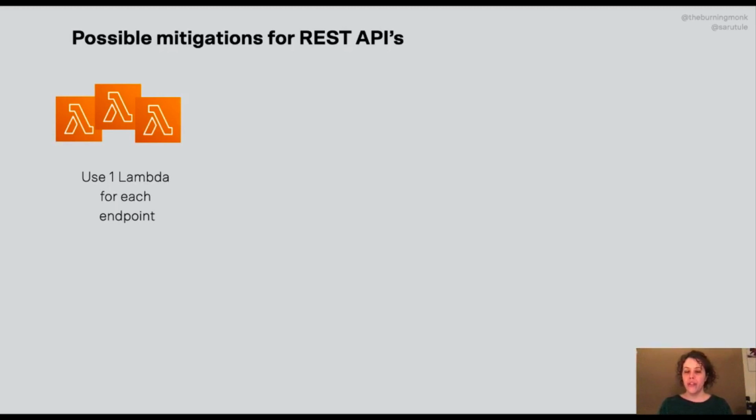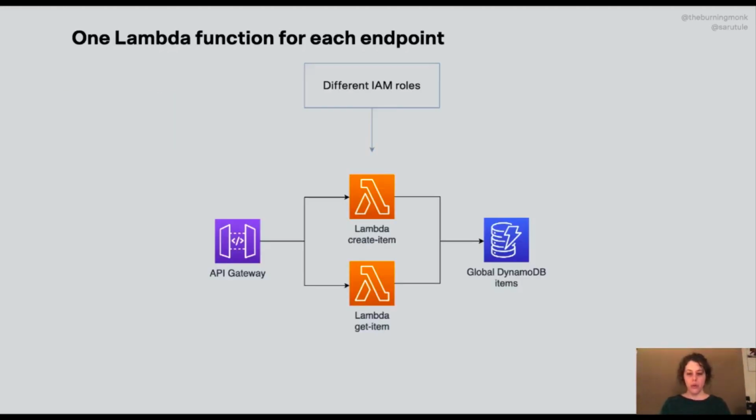What are the mitigations for these sorts of scenarios? In the case of REST API, one solution would be to use one Lambda for each endpoint. So if you have multiple endpoints integrated with the API Gateway, make sure that you use one Lambda per endpoint.